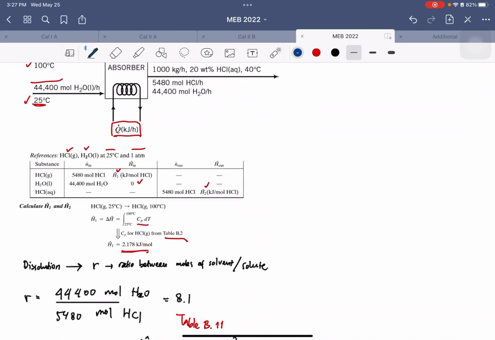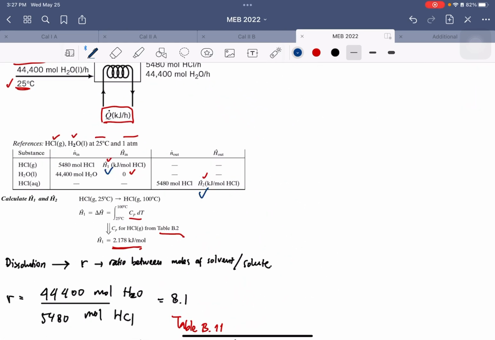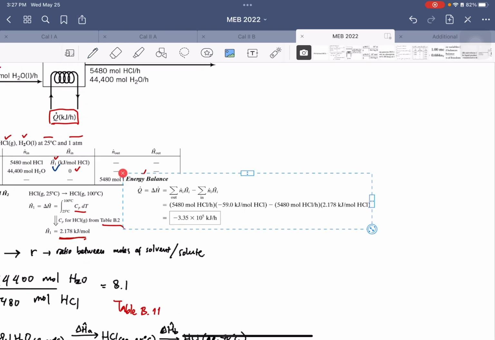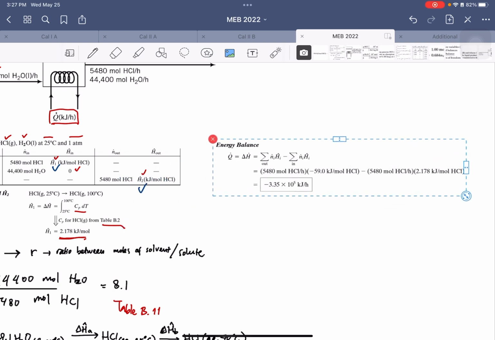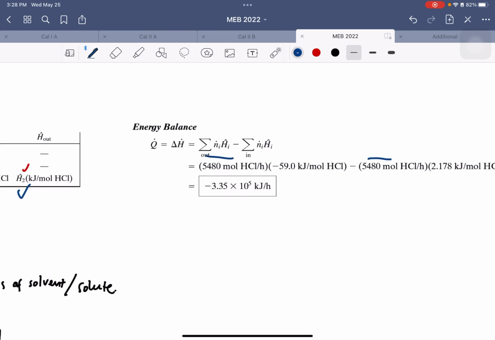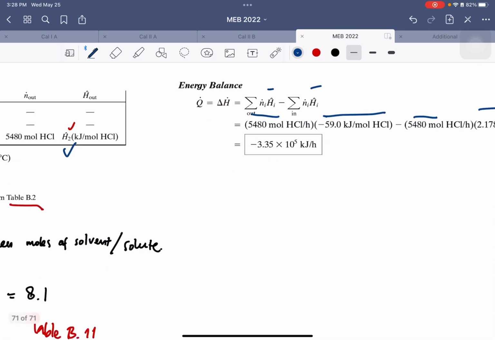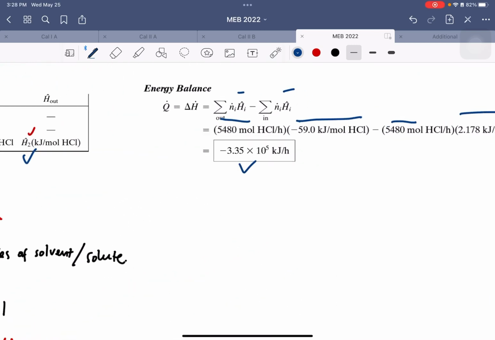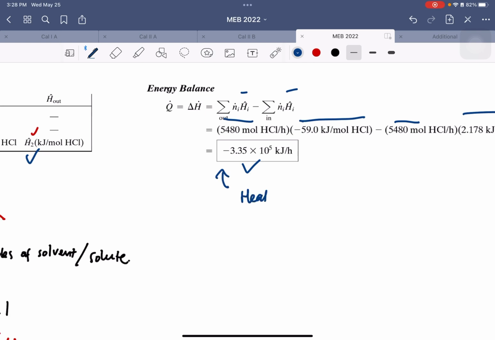So we go back here. So we have H1, H2. Then the energy balance. We can put down the final informations, and based on what we have, the moles, the enthalpy that we have, we get this number. So this number is the heat that must be transferred out of absorber.